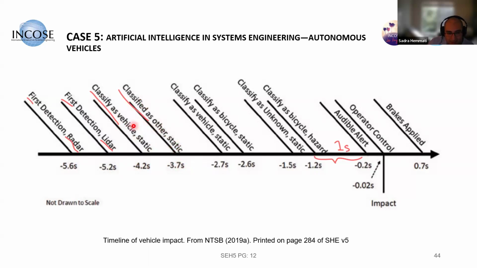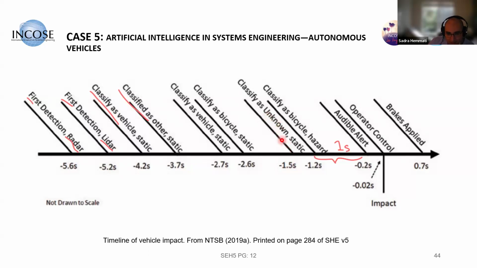It's not a vehicle. It doesn't look like a vehicle to me. After 1 second, it says, oh, this is a vehicle. This is not other, this is a vehicle. After 0.1 seconds it says, oh, this is a bicycle, not a vehicle, but it's static. About a second later, as it's getting closer, this is not a bicycle.